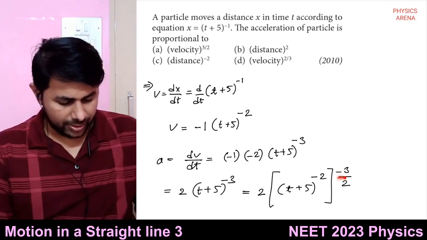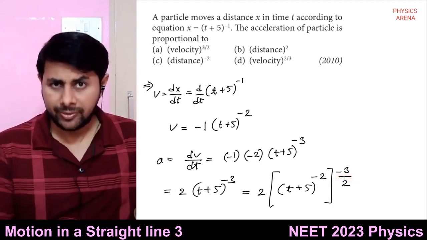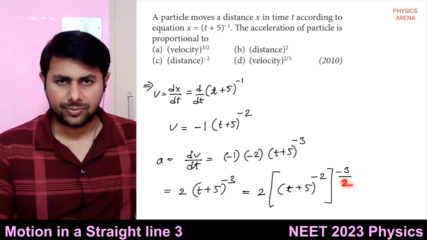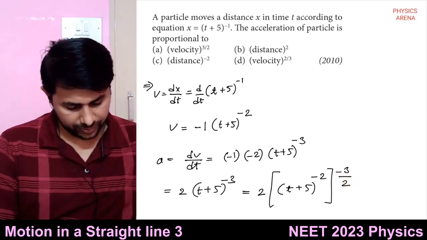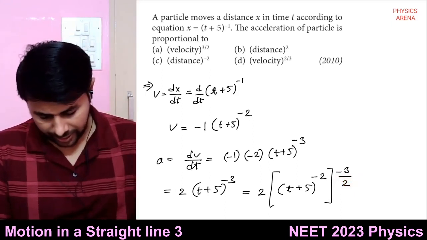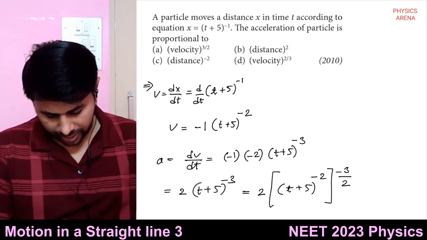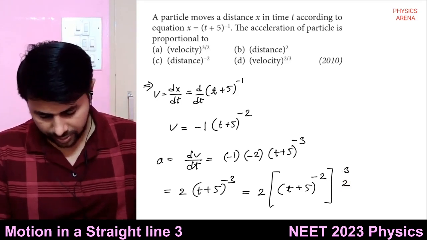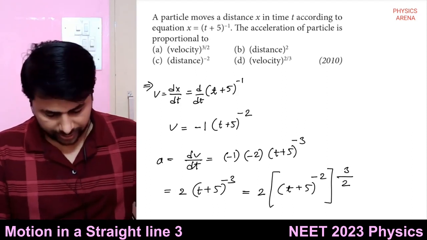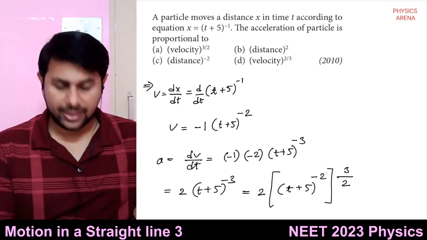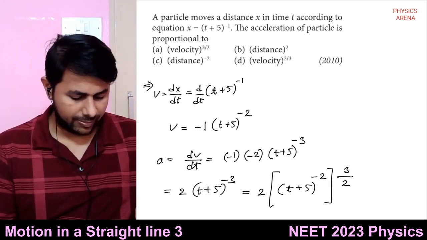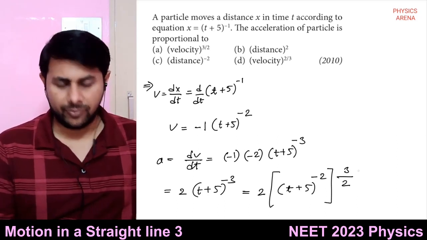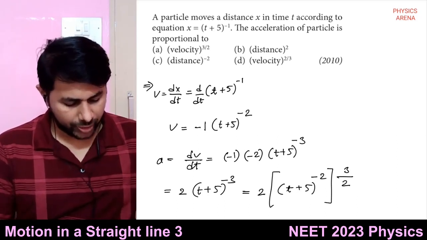So I am multiplying and dividing this power with minus 2 actually, or I can take this minus sign inside, because we already have minus 3. Okay, so I'm multiplying and dividing with 2. So see what you get.